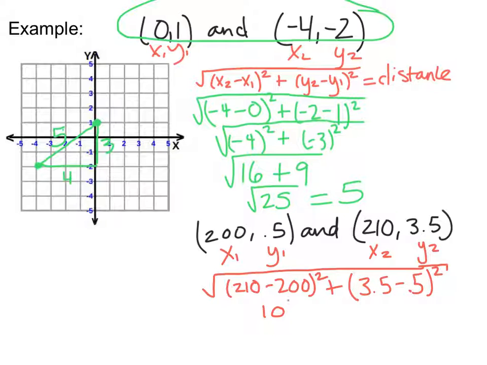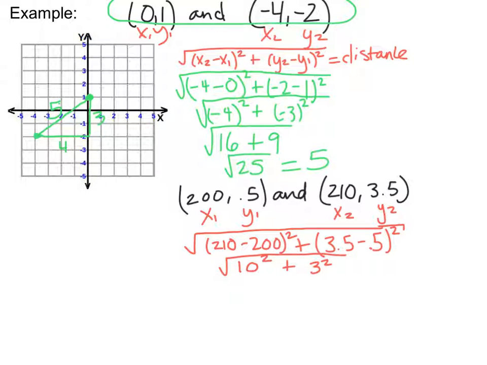So I've got 10 squared plus 3 squared. Still doing the square root of all that. And that gives me 100 plus 9 under the square root. So I'm doing the square root of 109. You would then check to see if that could be simplified. I don't think I can, but please do prove me wrong, as our distance between these 2 points without ever needing to graph them.